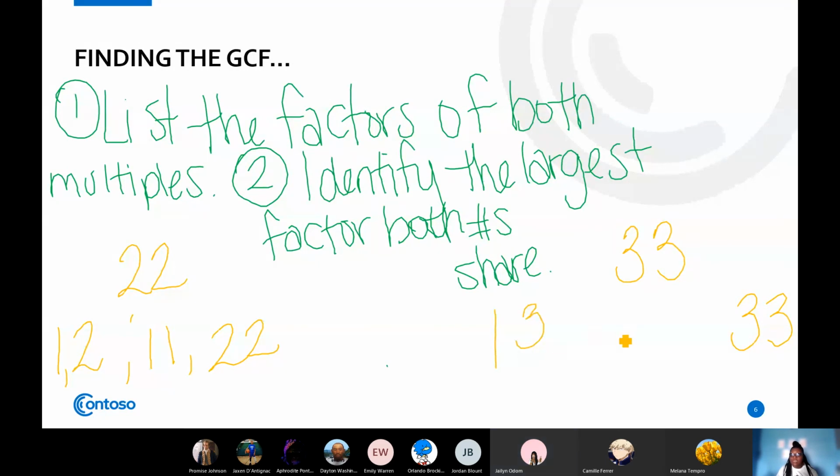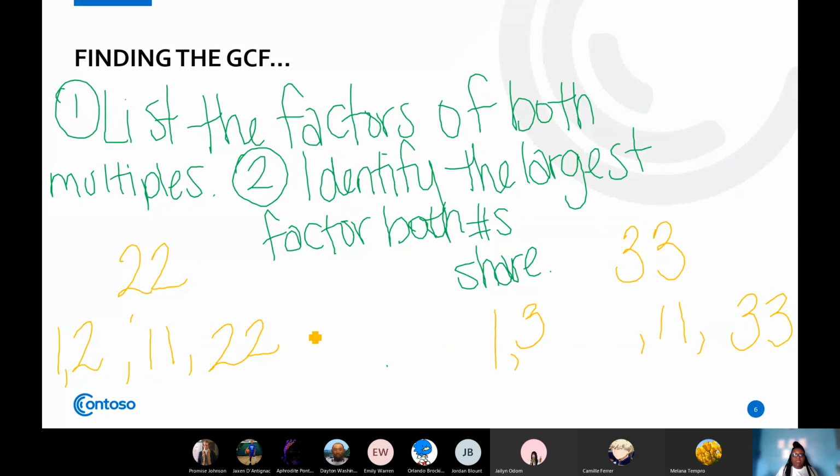So it is divisible by 3. 3 times what will equal 33? 11. So the factors of 33 are 1, 3, 11, and 33.